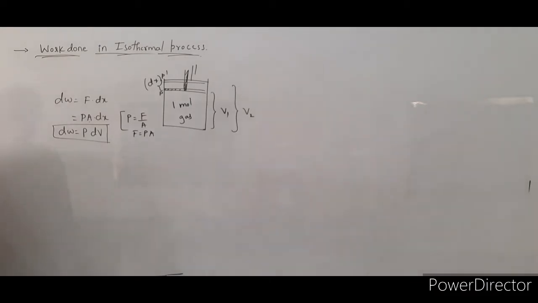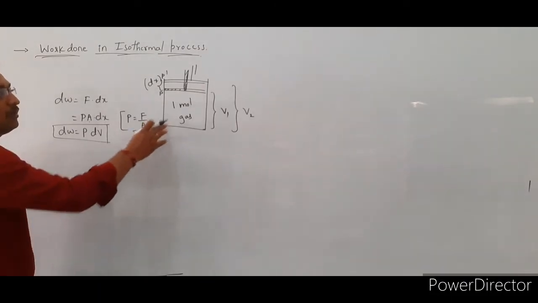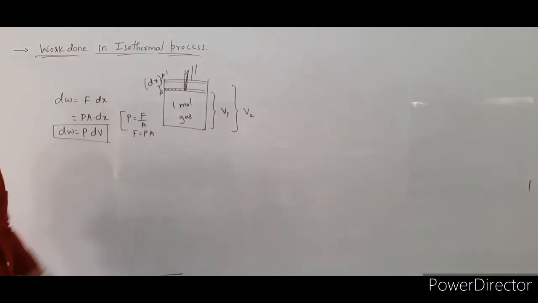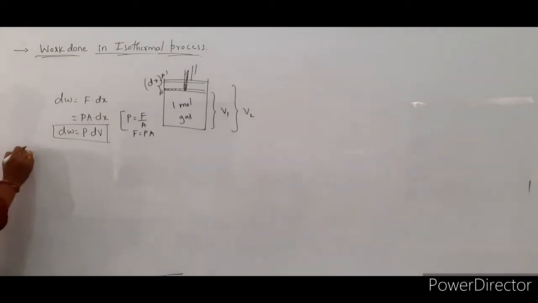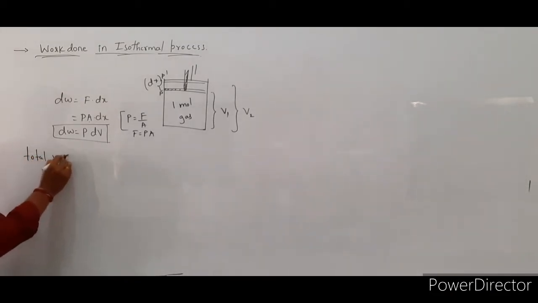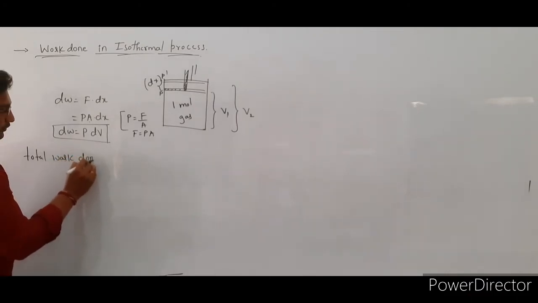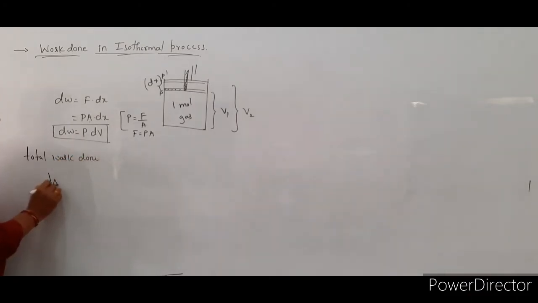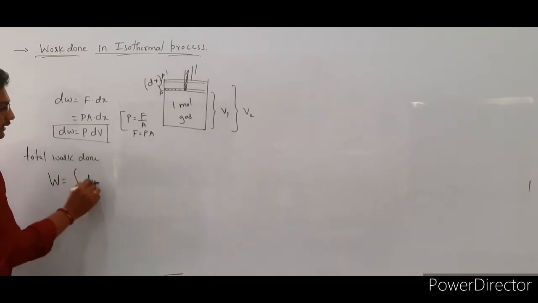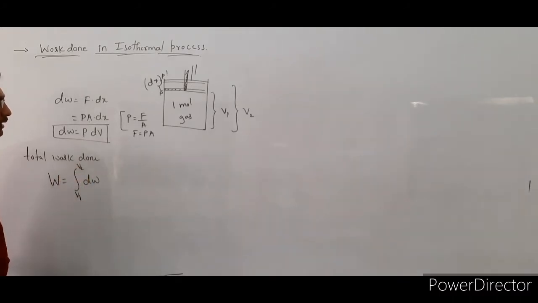Okay, after that we are going to find the total work done to change the volume of this cylinder from V1 to V2. So total work done, W, is equal to the integration of the small work done from the initial volume to the final volume, right?